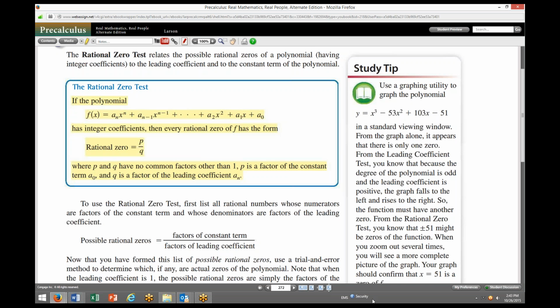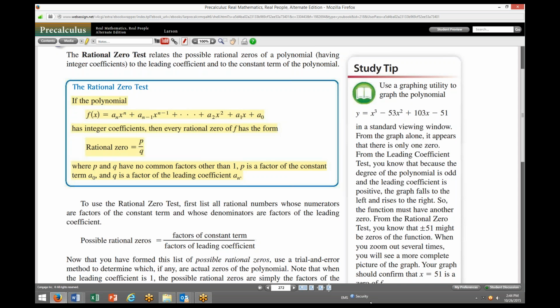Here it goes. If we have the polynomial f of x is equal to, here it is with all these a sub n numbers as the coefficients, but it's just a way of representing random coefficient values: a sub n times x to the n plus a sub n minus 1 times x to the n minus 1 plus, going on and on, a sub n minus 2 times x to the n minus 2, etc., and finally, plus a sub 2 x squared plus a sub 1 x plus a sub 0.